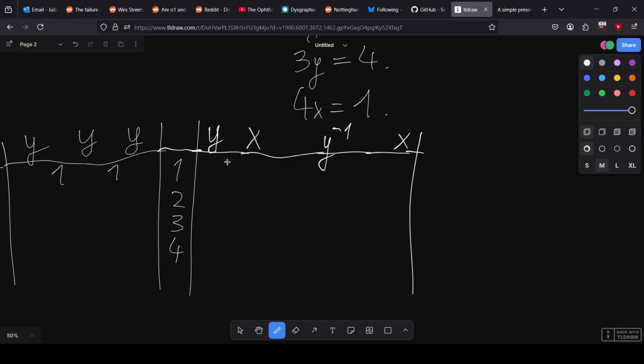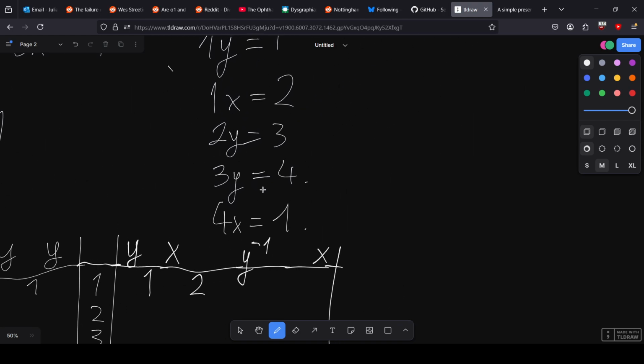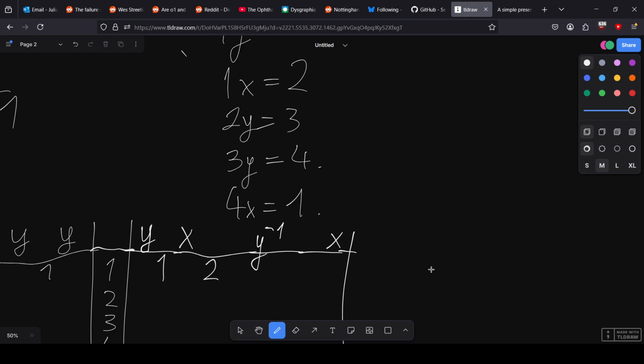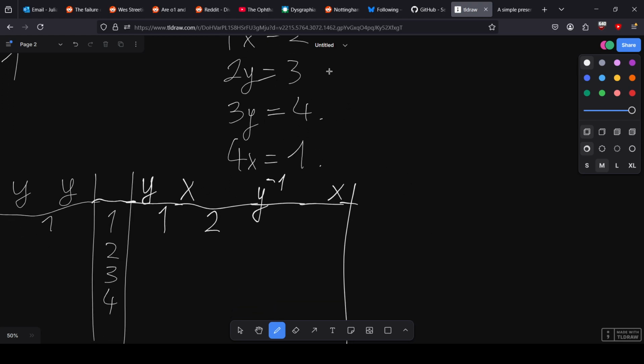So y fixes 1. x pushes 1 to 2. We have set y minus 1 to be 4 through these two bits here. But x has to return it to 1.